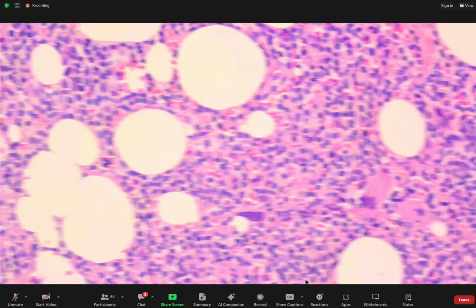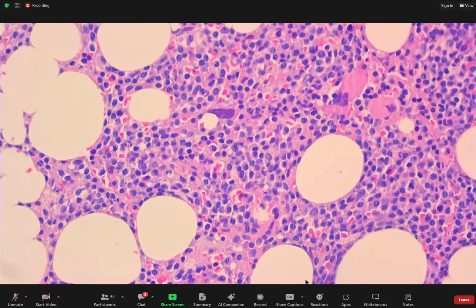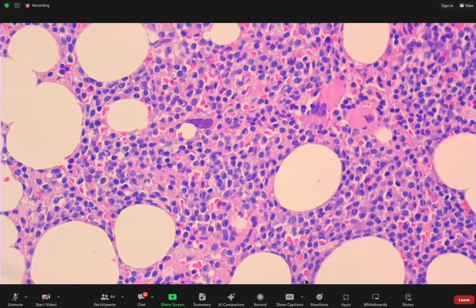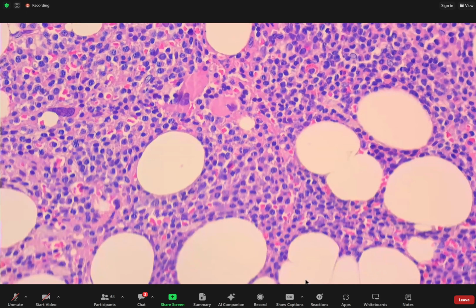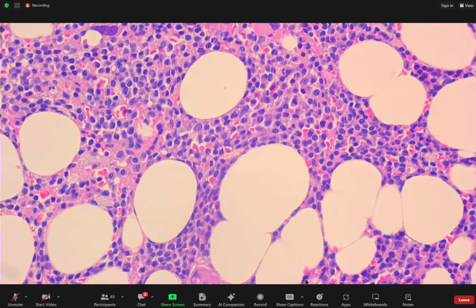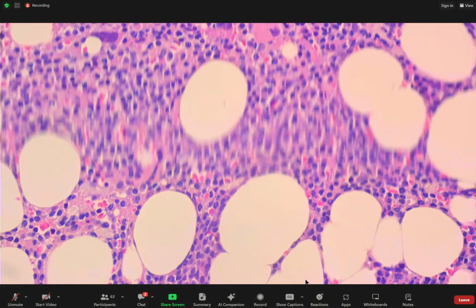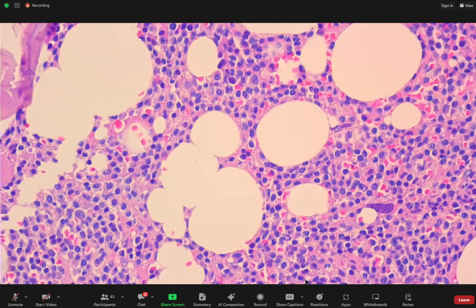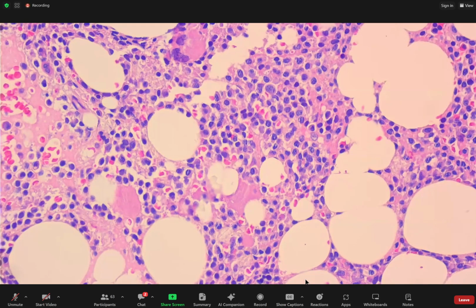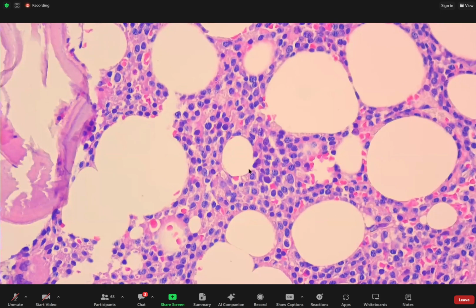The normal hematopoietic cells are reduced, replaced with these small, medium to large cells, and they are showing eccentric nuclei. You can see some erythroid colonies here, but these abnormal cells with plasmacytic morphology are involving all the marrow spaces.